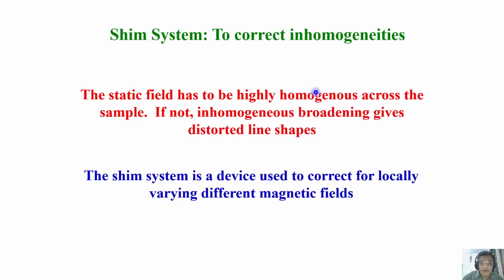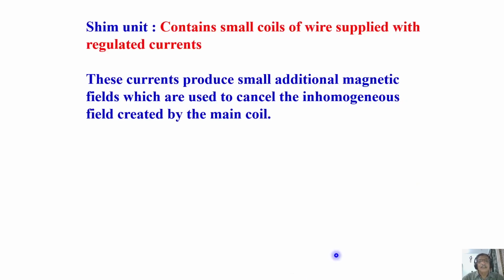What will you do for that? We have what are called shim systems. Inside the magnet, in the probe, just inside the magnet at the outer chamber, you have what is called a shim system. It's a device used to correct locally varying fields. Locally, there will be inhomogeneities in the field, and we can correct that. And what is the shim unit? It is nothing but small coils of wire which are supplied with regulated currents.